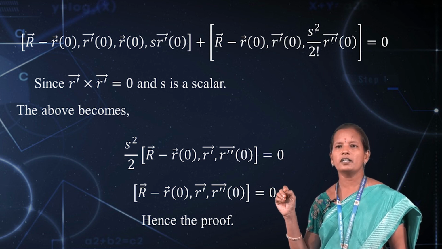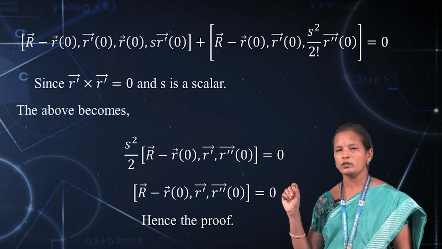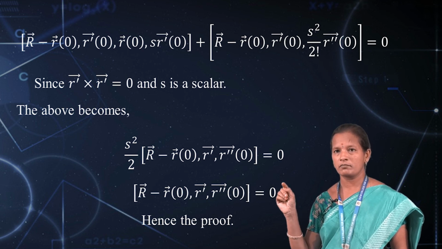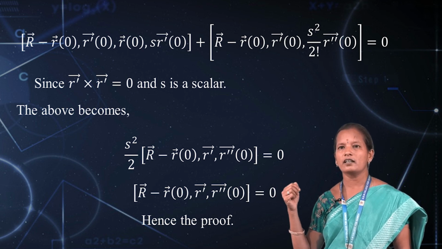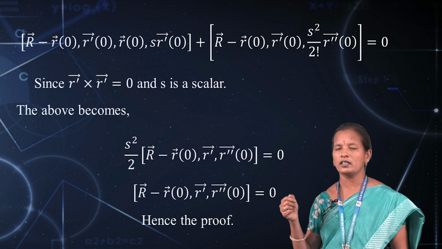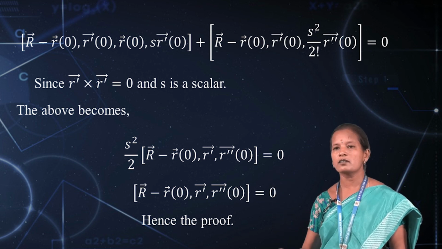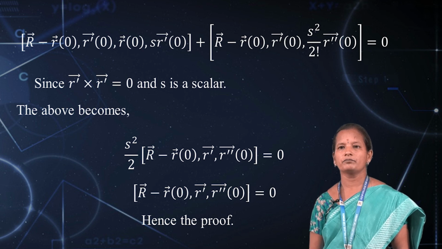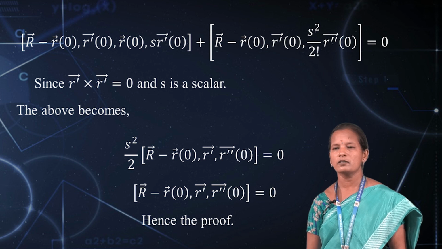Since the first term is the cross product of the same vectors, which is 0, and s is a scalar, here also we apply the same concept: the cross product of the same vectors is equal to 0. The above becomes s squared by 2 times the box value of R minus r of 0, r dash, r double dash of 0 equal to 0.